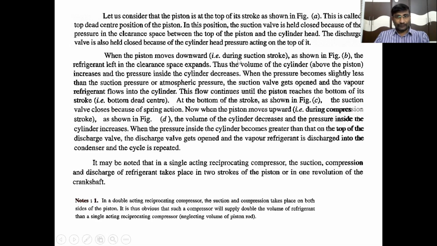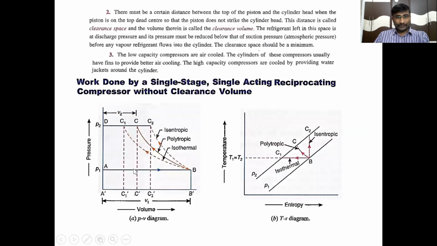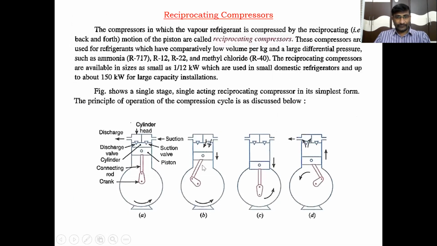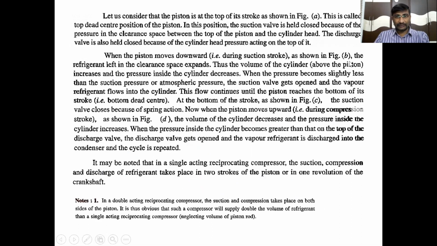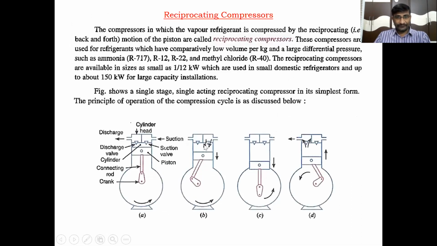When the piston moves downwards during the suction stroke, as shown in figure B, towards the bottom dead center, the refrigerant left in the clearance space expands. In the previous cycle, the refrigerant left in the clearance volume tries to expand.